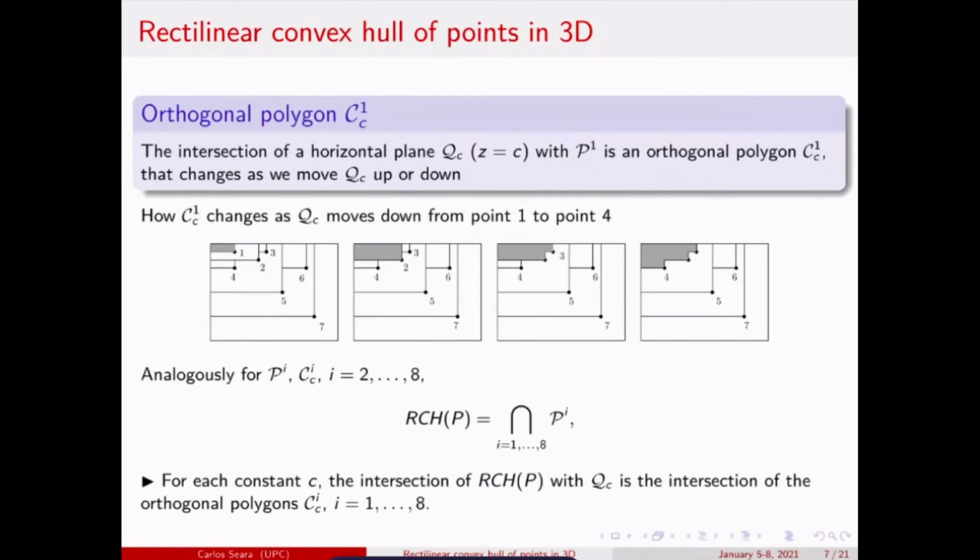I showed you this only for one octant, but you have to do it 8 times, for each of the 8 octants in 3D, and then you can construct the rectilinear convex hull from top to bottom in n log n time and linear space.